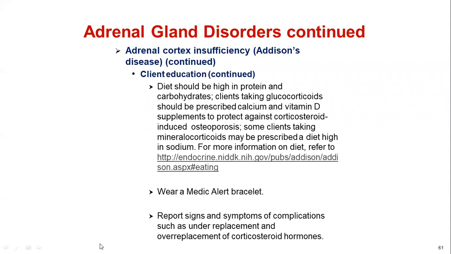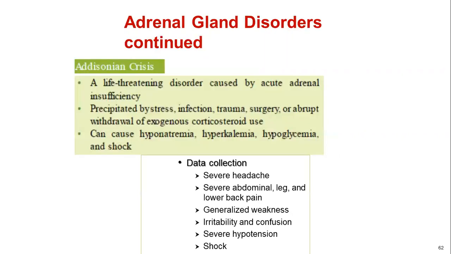So what I wrote, report the sign and symptom of the complication such as under-replacement and over-replacement of glucocorticoid. Also, we have to check the complication of Addisonian crisis. So now the question comes, what are the sign and symptom of Addisonian crisis?